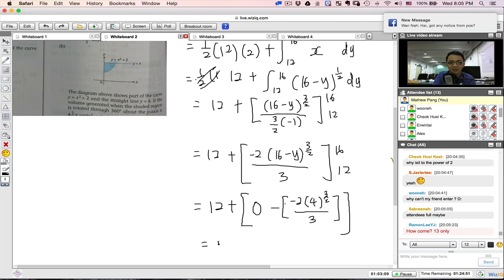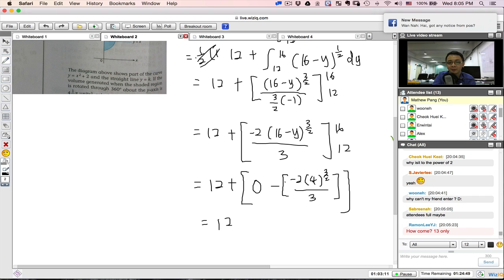Then 4 to the power of 3 over 2, you press the calculator, it will tell you this is actually 8. 8 multiply negative 2 is just negative 16, and negative becomes positive, so it will be 16 over 3.